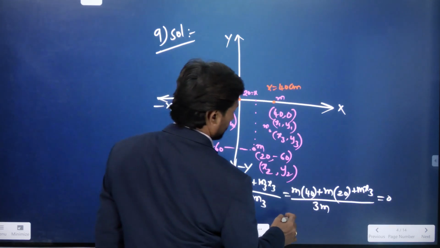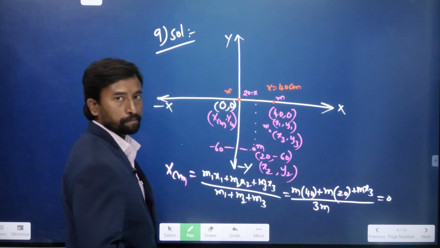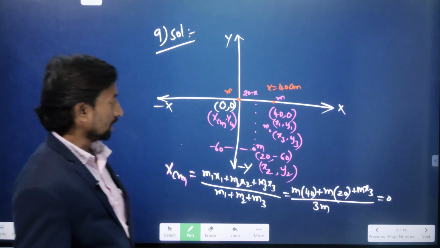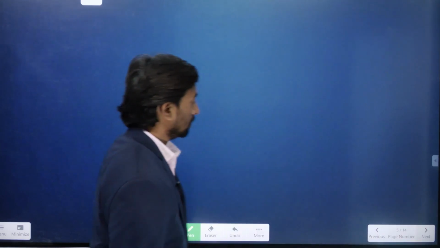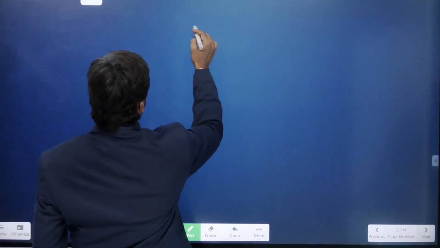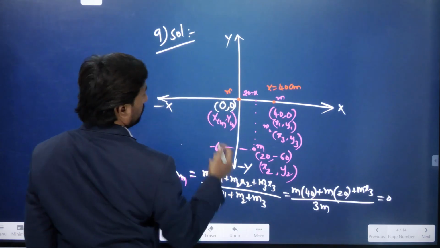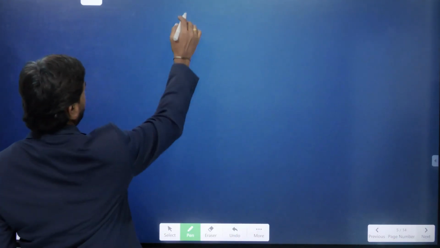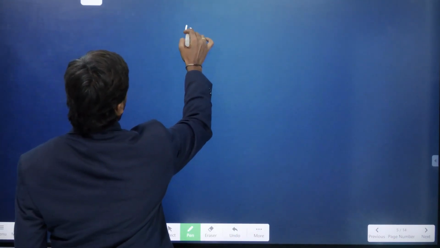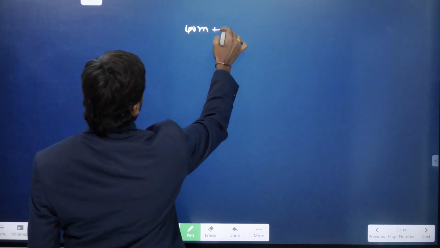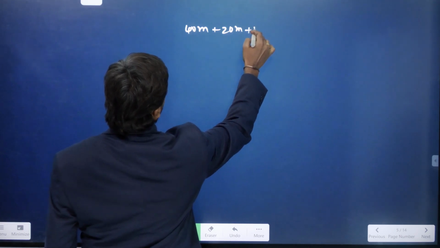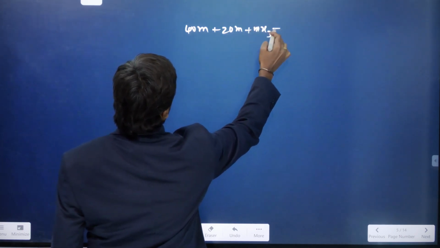So what will we get from this? I will write on the next page. Here we have 40m plus 20m plus m times x3 is equal to 0.